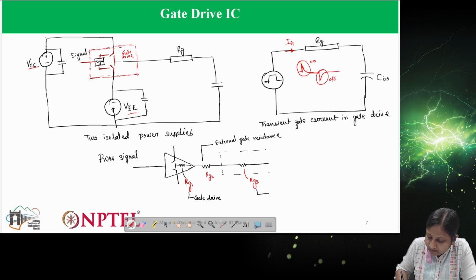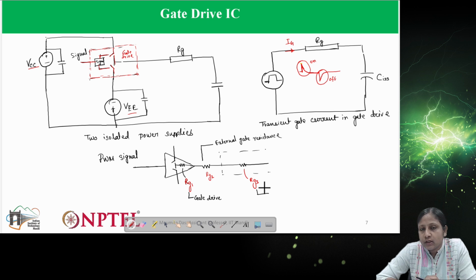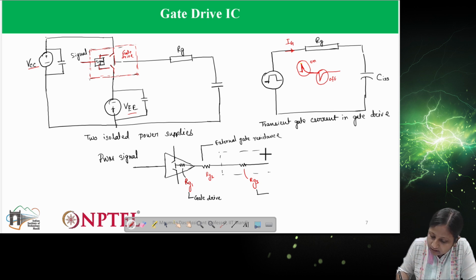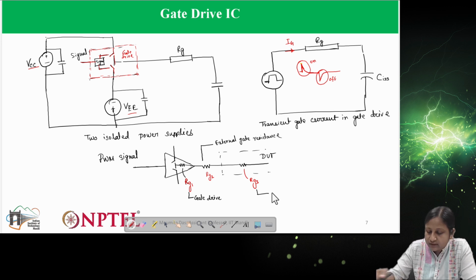Now Rg3 is something which will be there inside the device. This is part of the device, or I can also write it as device under test, DUT, you know this already. This Rg3 is the internal resistance of the device.